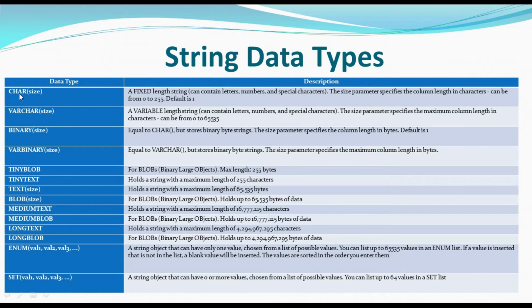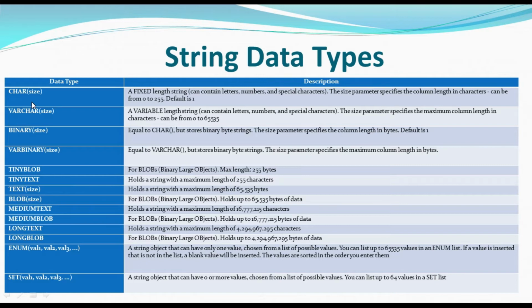We have character with the size in brackets. This is where you specify the number of characters that you want that field to hold. For instance, you can set a field to hold up to 10 or 50 characters. When a user enters data which is more than 50 characters, depending on the size you set, the system will automatically truncate the text to only 50 characters.